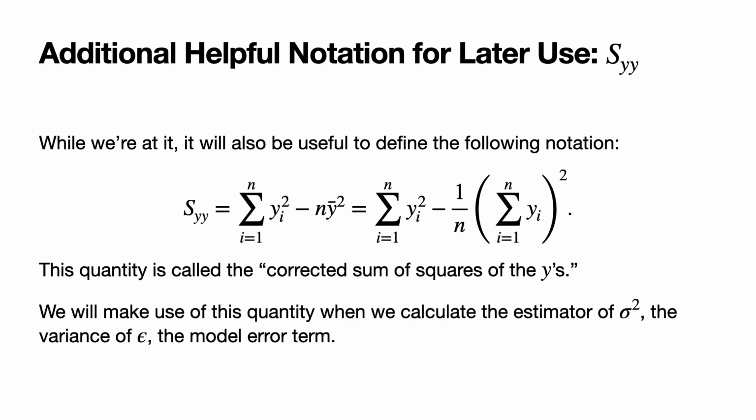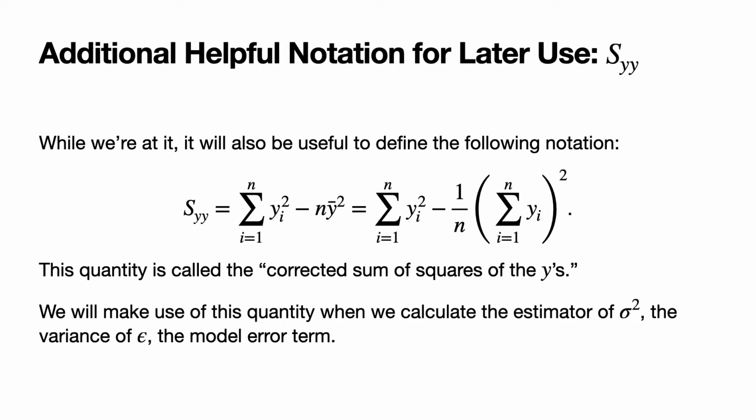Now, while we're at it, it will also be useful to define the following notation. So this is analogous to S sub xx. Okay, this is the formula for the corrected sum of squares of the y values, and we're going to denote this by S sub yy.